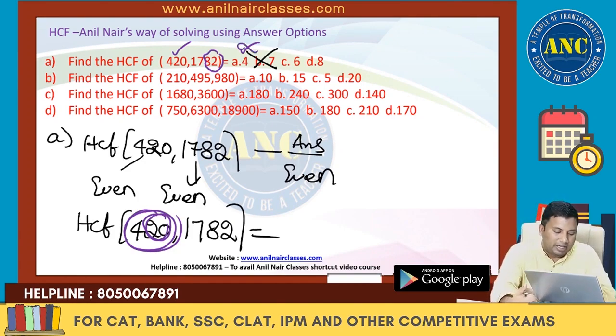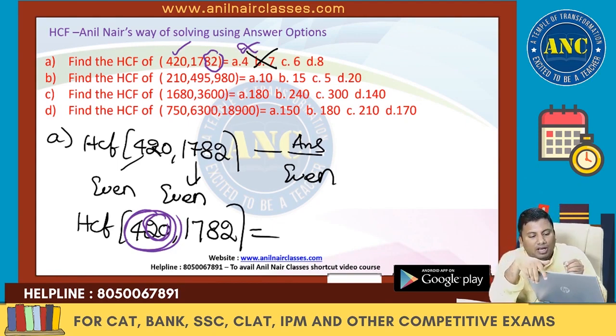Again I am explaining. 420, the last two digits are 20, so it is divisible by 4. If I assume the first answer is right, 4 is divisible by 4 and 420 is divisible by 4, so the other number should also be divisible by 4. 82 is not divisible by 4.